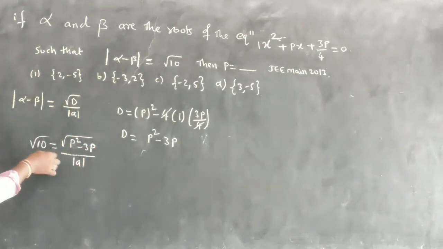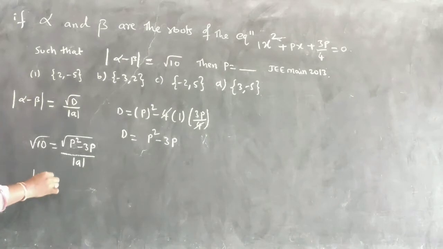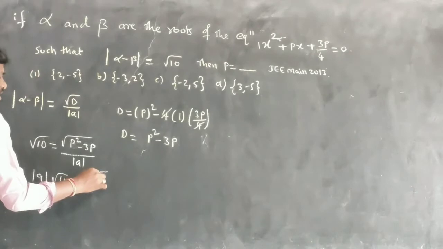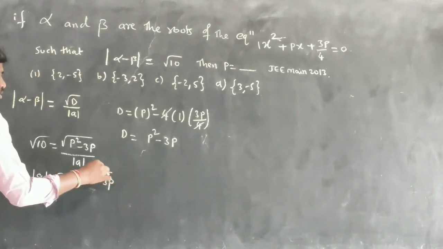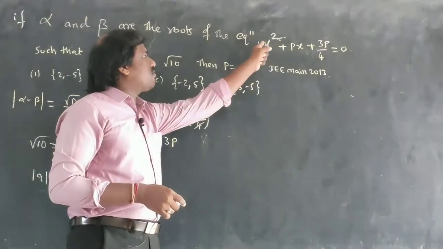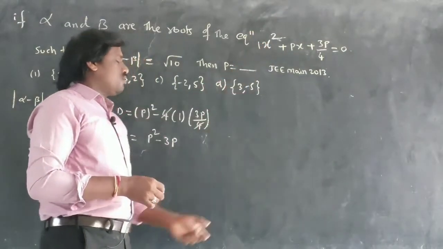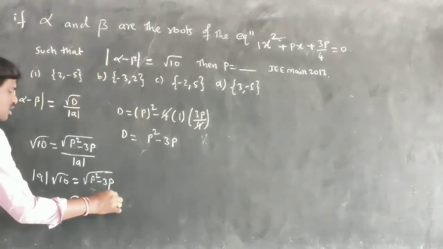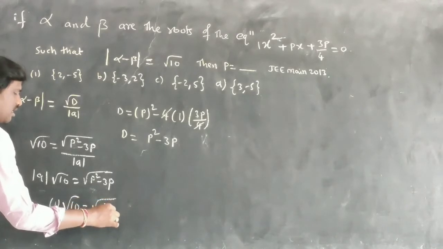If you do cross multiplication, mod a times root 10 is equal to the square root of p square minus 3p. And you know that mod a, the coefficient of x square, is 1. So root 10 is equal to the square root of p square minus 3p.